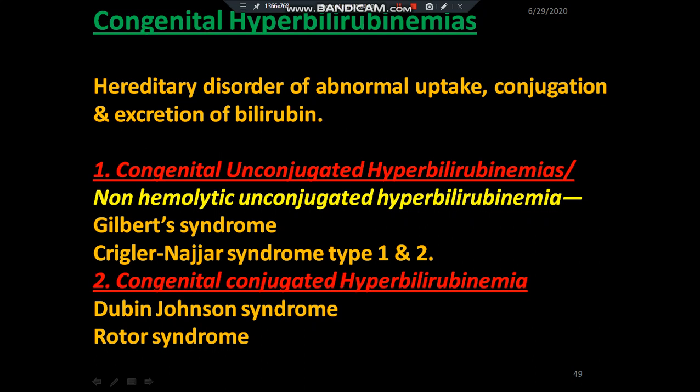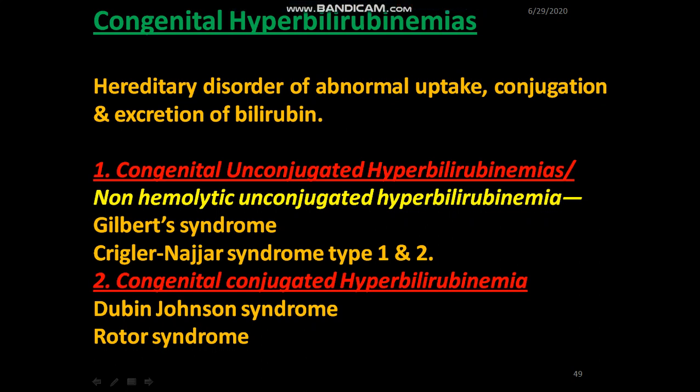Congenital hyperbilirubinemia. If there is any hereditary disorder of abnormal uptake, conjugation and excretion of bilirubin, it is called congenital hyperbilirubinemia. It is of two types: congenital unconjugated hyperbilirubinemia and congenital conjugated hyperbilirubinemia.